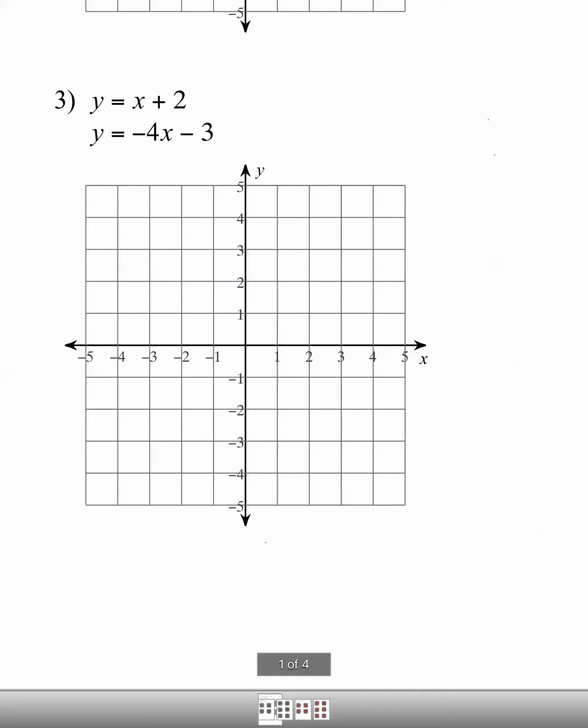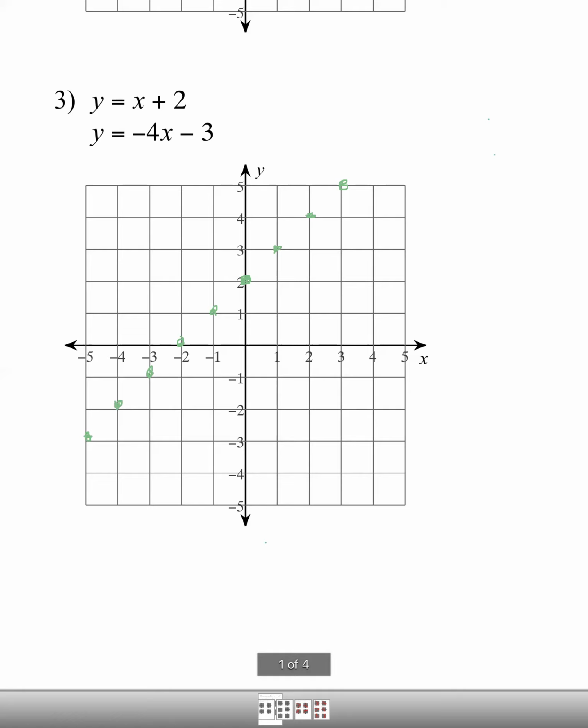Let's go to, I use green, top one, y equals x plus 2. So we'll start at 2, and then that's going to just have a slope of 1, so I'll just go up 1 over 1. And again, I'm going to keep doing it on the left-hand side just so they're all laid out, because you never know where the two lines are going to cross, right?